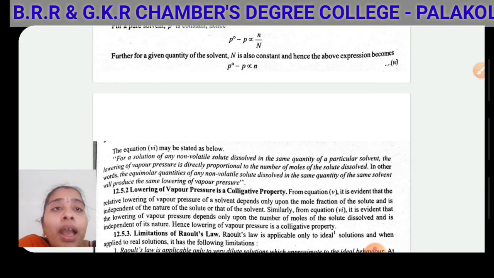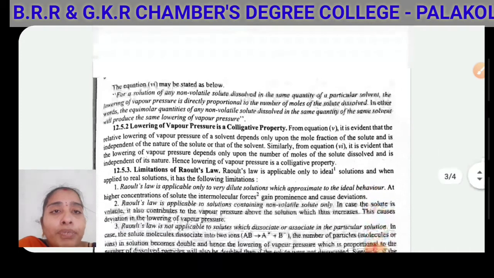Students, again repeating: for a solution of any non-volatile solute dissolved in the same quantity of a particular solvent, such as water, the lowering of vapor pressure is directly proportional to the number of moles of solute dissolved. In other words, equimolar quantities of any non-volatile solute dissolved in the same quantity of the solvent will produce the same lowering of vapor pressure.